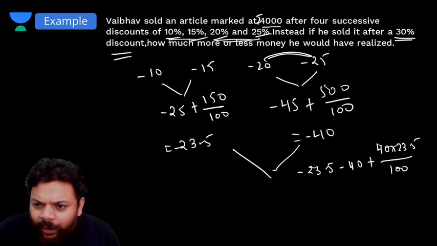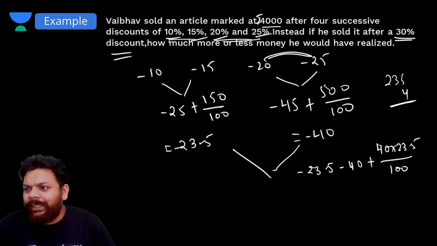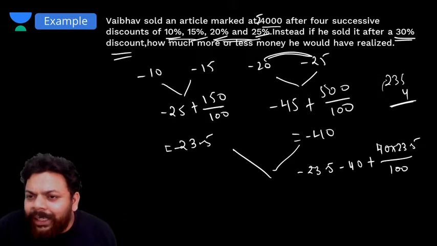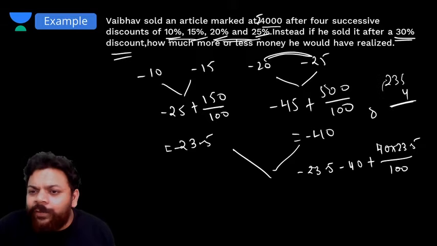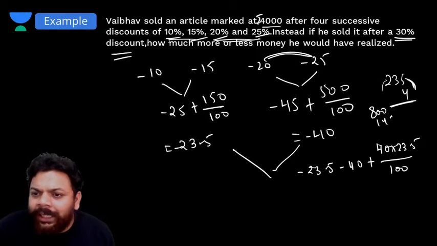So what will be the value of this, guys? Can I write this one as 235 into 4? Absolutely, we can write this one. So 200 into 4 is 800, and 35 into 4 is 140.